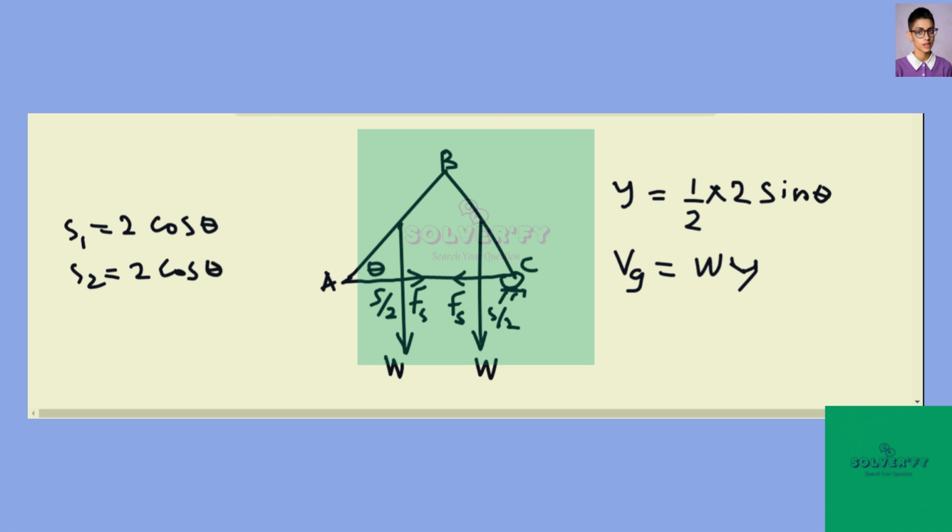Therefore, for the extension, for one we are going to divide that by 2, which is S over 2, calling the full displacement for both S. So for one it is 2 cos theta minus 0.5, minus 0.5 instead of minus 1 meter, because the original stretched length of the spring is 1 meter.